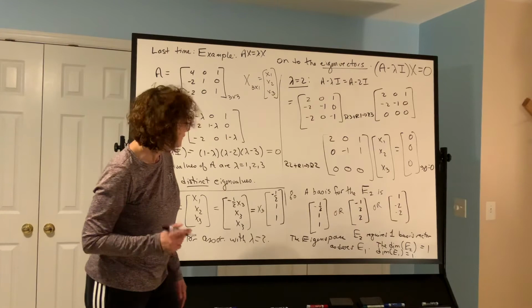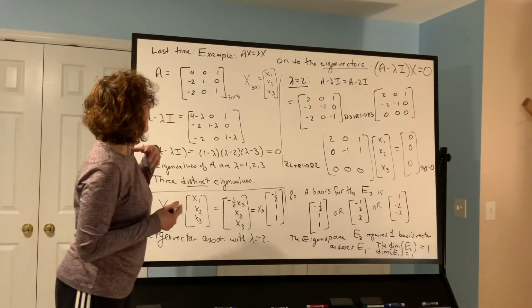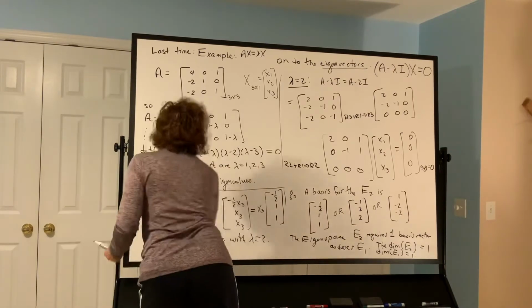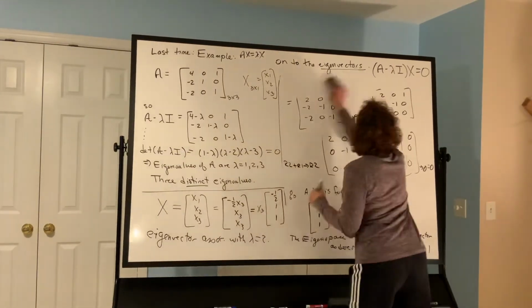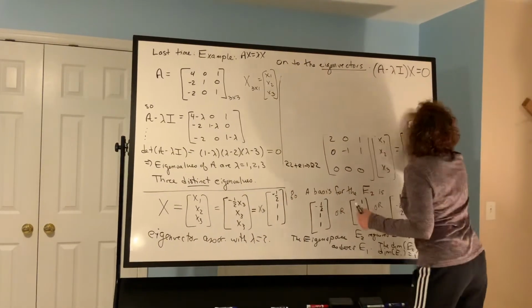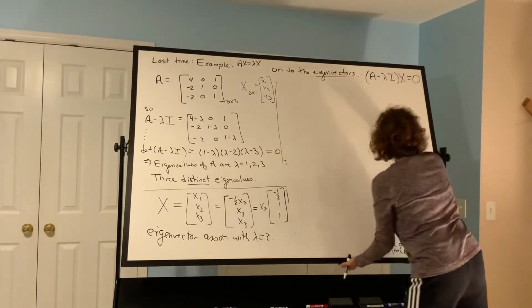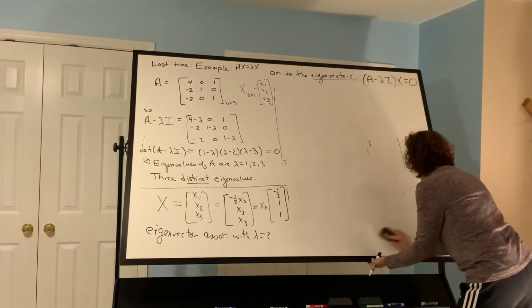Okay. So I will leave the calculation of the lambda equals 3 to you. I will just tell you what the answer is so that you know if you're right.